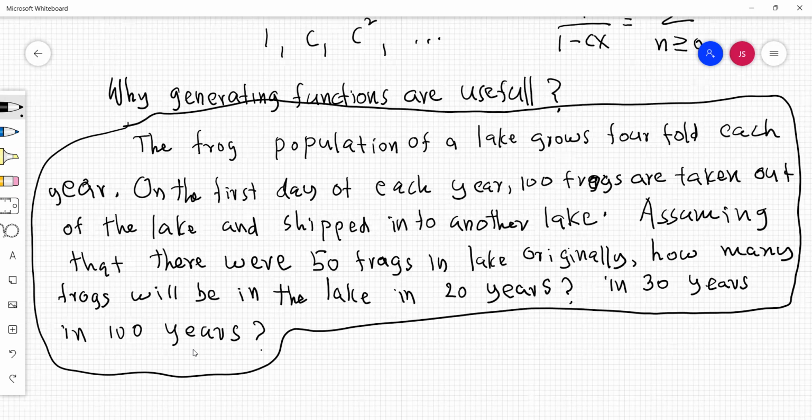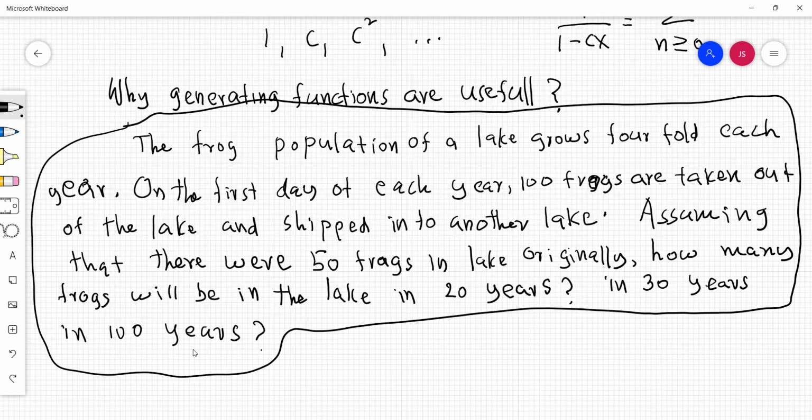4 folds mean 4 times, right? If you put 1 frog in this year, you can get 4 frogs in the next year. If you put 100 frogs in this year, you can take 400 frogs in the next year, right?